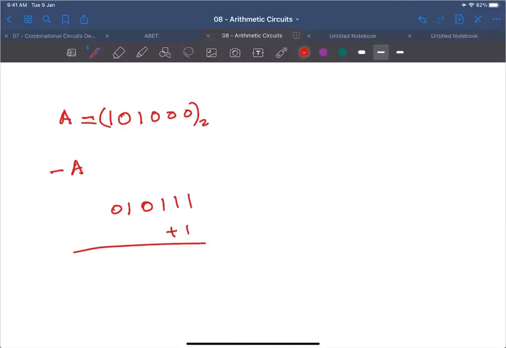Then adding 1 to that, you get 0 with a carry of 1, 0 with a carry of 1, and then 0 with a carry of 1, and then 1 0 1 1 0. Did I get it right here?